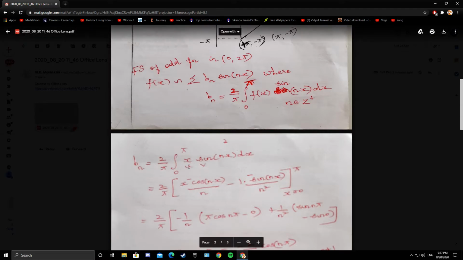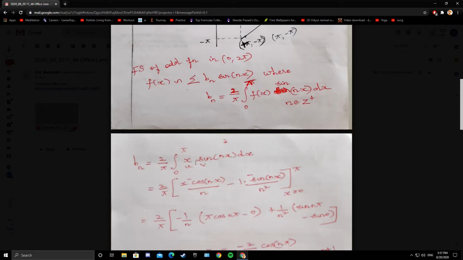So u is x, v is the sine function; u is always a polynomial function, v is the sine function. So u v1, x into the integral of sine, minus cos nx by n, minus u dash, the derivative of x, is 1, integral of minus cos is minus sine of nx by n square, from x equals 0 to pi.